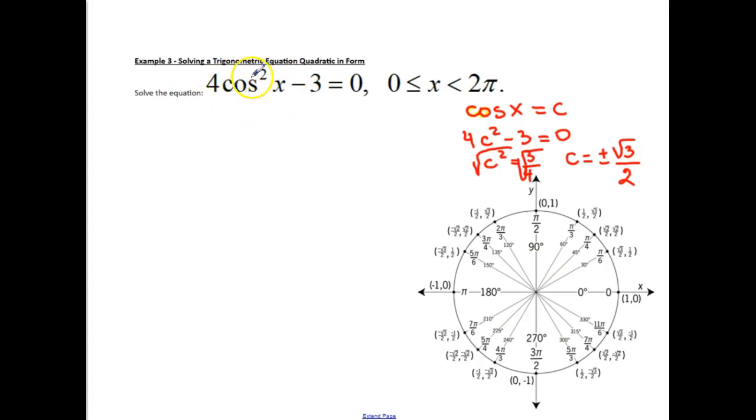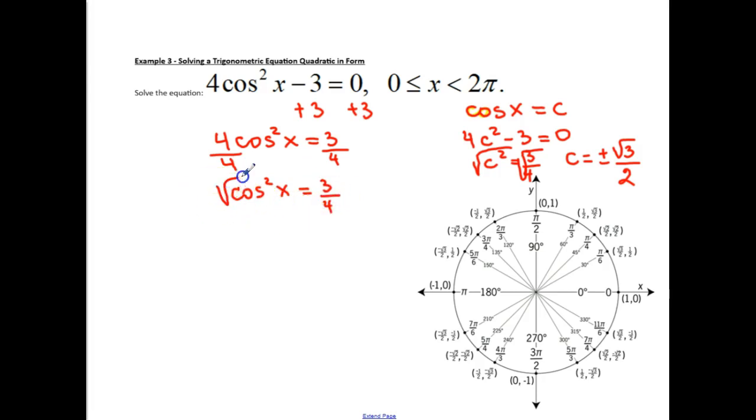If you treat cosine of x as a variable, then you're still going to use the same inverse operations. You're going to add 3 to both sides because your goal is to isolate cosine squared of x by itself. That gives you 4 cosine squared of x is equal to 3. Then you're going to divide both sides by 4, and you have cosine squared of x is equal to 3/4.